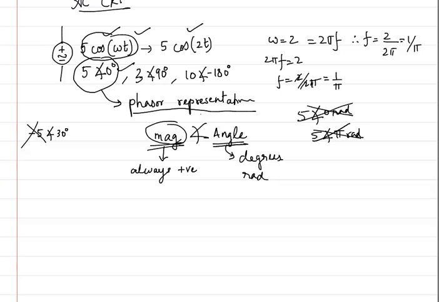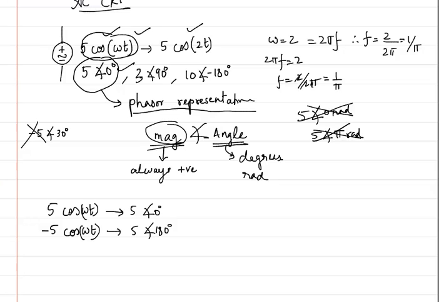Now what is the relationship between these two representations? See, pi cos omega t can also be written as pi angle 0 degree, whereas, let's say, minus pi cos omega t will be written as pi angle 180 degree.